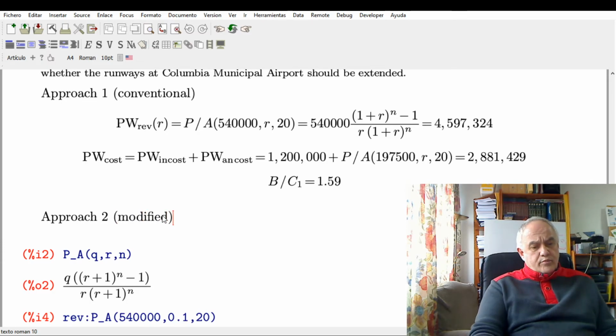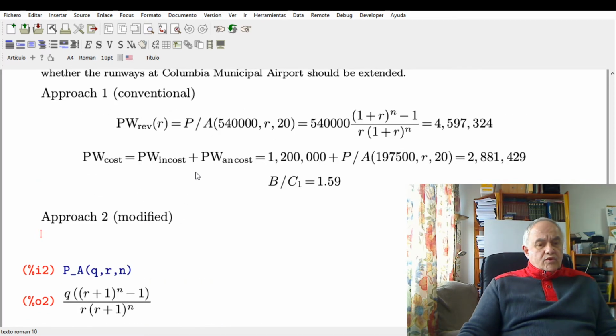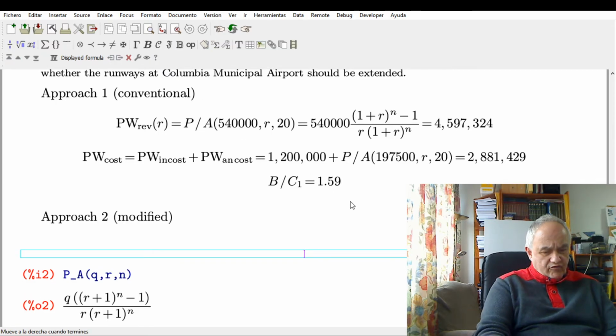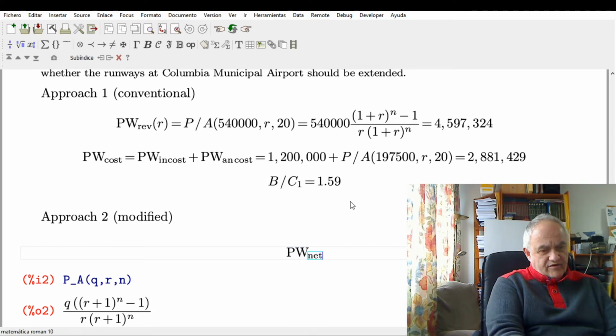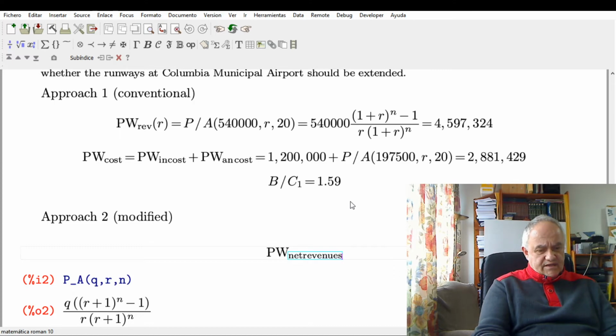We can now present the result differently. The present worth of the revenues. Okay, it's something similar to that, but let's think of present worth of net revenues. And this is equal to net rev, okay?